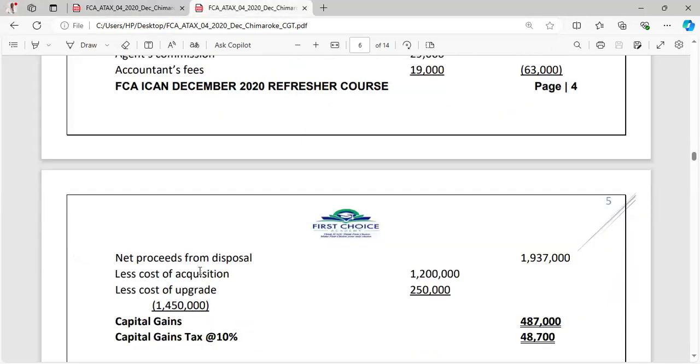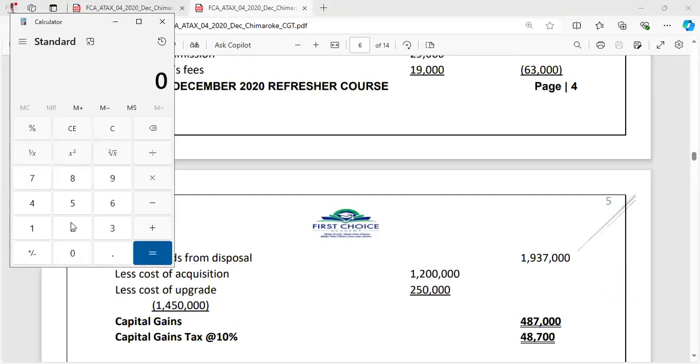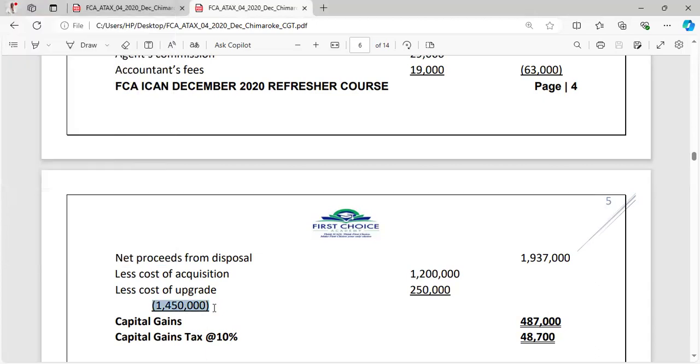So when we have 1,200,000 plus 250,000, we have 1,450,000. Forgive me, this thing jumps to this area. It's supposed to align by coming by the side. But this is where it is here.